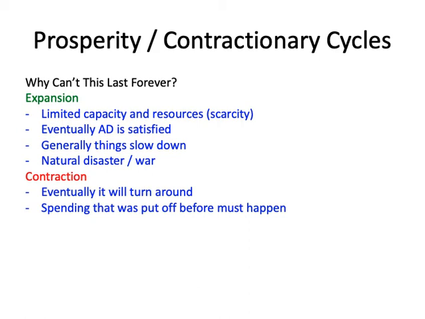Same with a washing machine, and same with any large appliance where you might go without for a little while, but ultimately you have to start spending that money. And these are all big ticket items for individuals, for businesses, for families, for whatever they may be. Spending that was put off before will eventually happen, and you'll have to get it done.